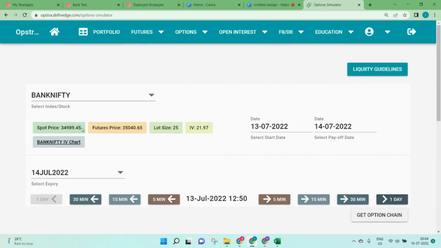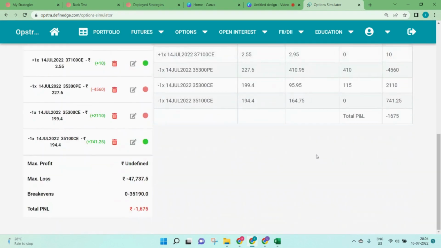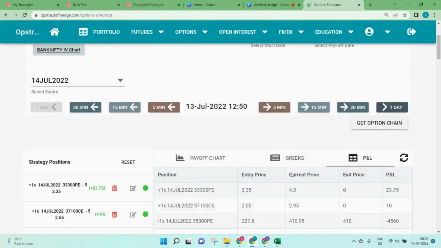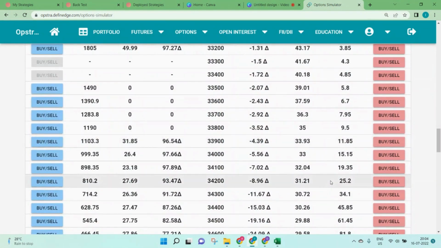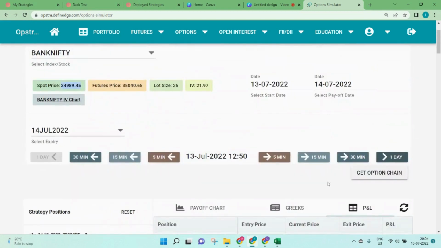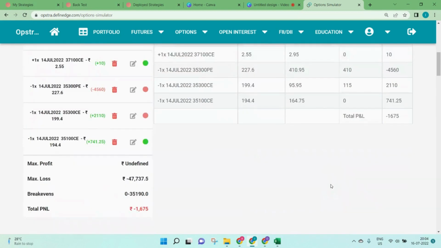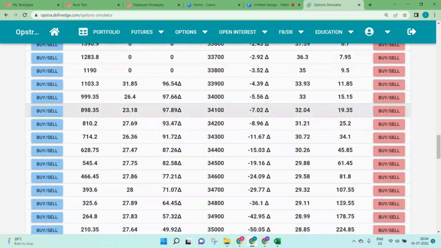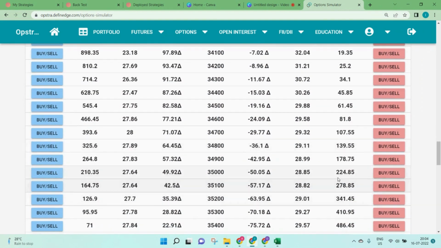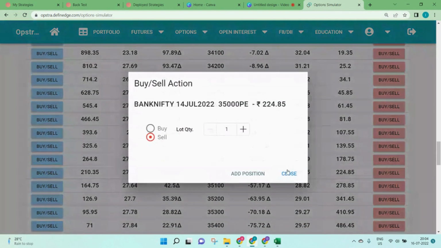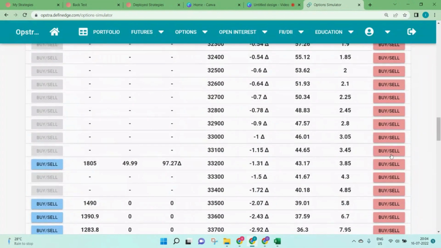What is the rate of Bank Nifty now? The 35,000 put option we have to enter into. 35,000 exactly, yes. 35,000 PE. We sell it.